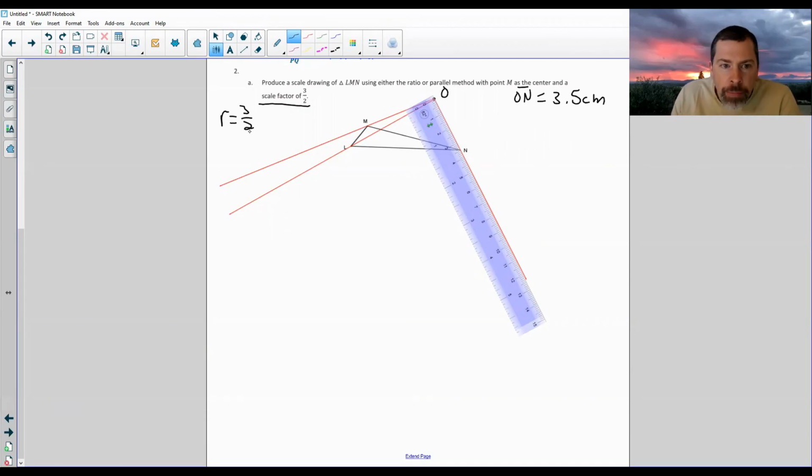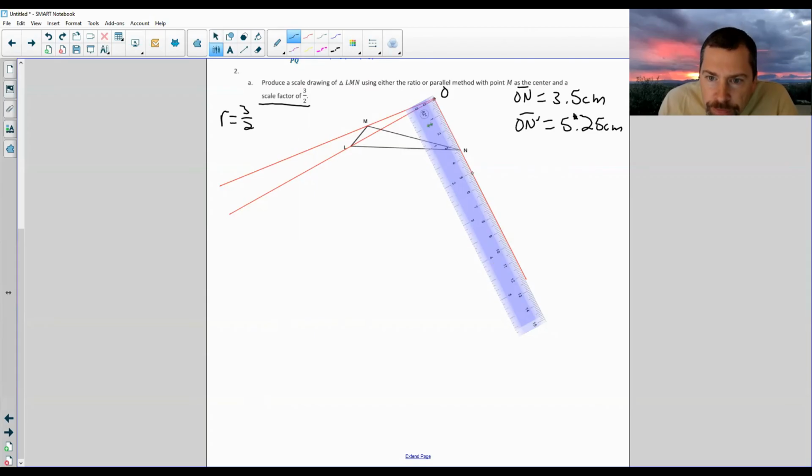I want to scale that by a factor of 3 to 2, so I want it bigger. So I'm going to multiply 3.5 times 3 and then divide by 2, or simply multiply by 3 over 2. 3.5 times 3 over 2 equals 5 1/4. So ON prime will equal 5.25 cm. Disregard that, I was going to do a fraction and I stopped.